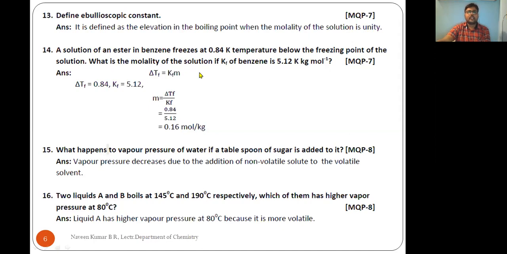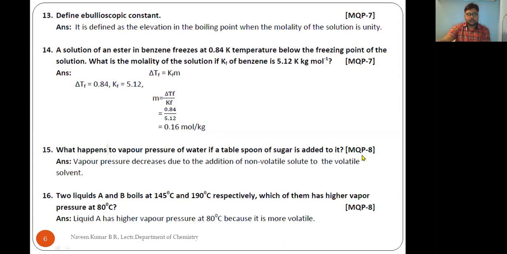What is the molality of the solution, if Kf of benzene is 5.12 Kelvin kg per mole? So Kf of benzene they have given, which is 5.12. With this, molality they have asked. With a simple rearrangement for molality, substituting the delta Tf and Kf values, the answer comes as 0.16 mole per kg. This we have solved in our regular problem solving. You can recall that.